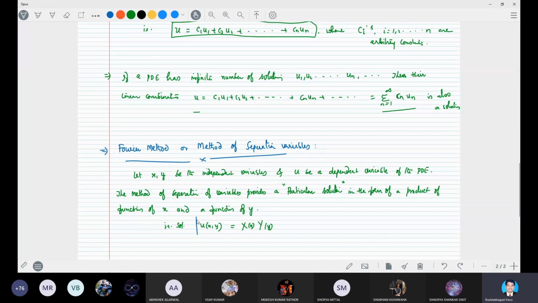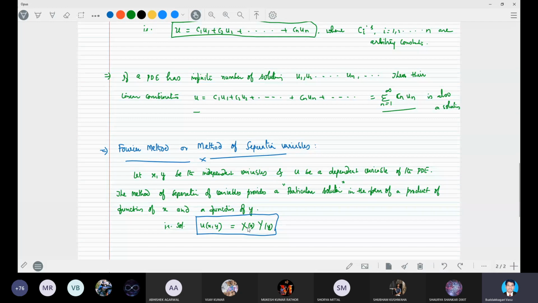This is exactly what we do in the Fourier method, or the method of separation of variables, where the solution is considered as the product of individual functions: a function of x alone and a function of y alone, their product X of x into Y of y.